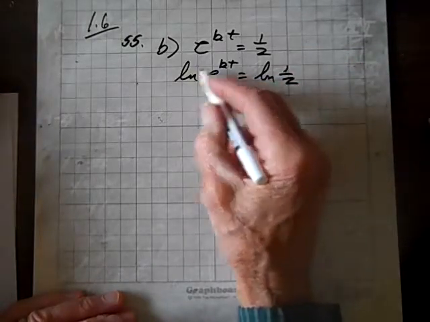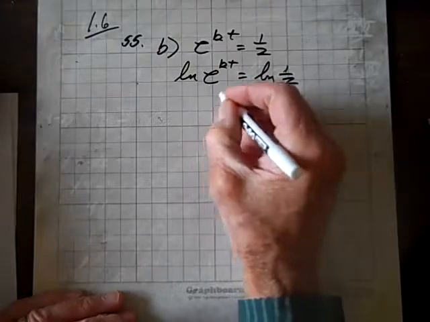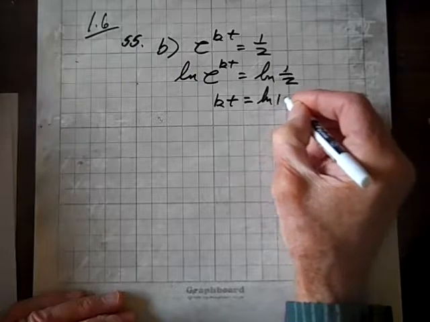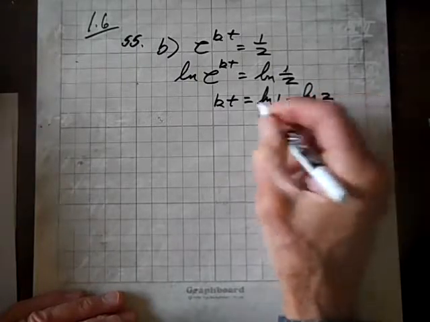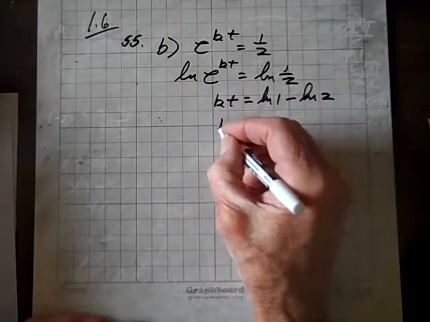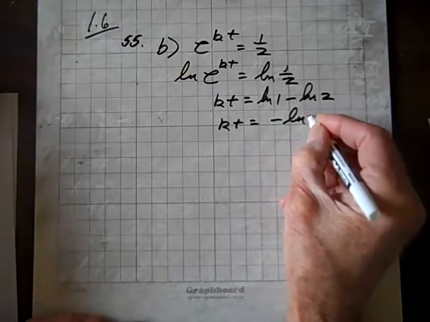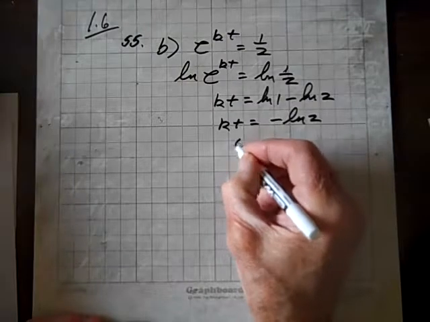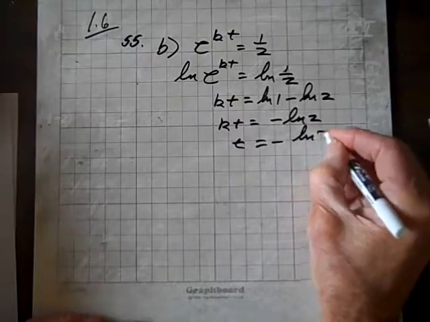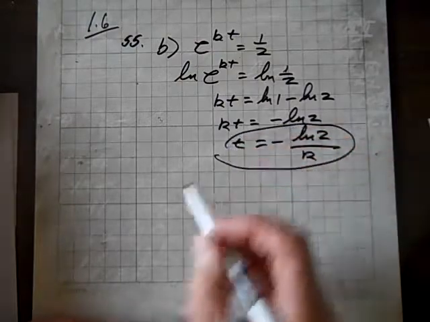And now, since this is the composite of a function and its inverse, we get kt equals ln of 1 minus ln of 2 if we break that up using the law of logs. And so ln of 1 is 0, so now we have kt equals 0 minus ln of 2, which is minus ln of 2, and now we'll divide by k, and we get t equals minus ln of 2 all over k. And we've got that one done.